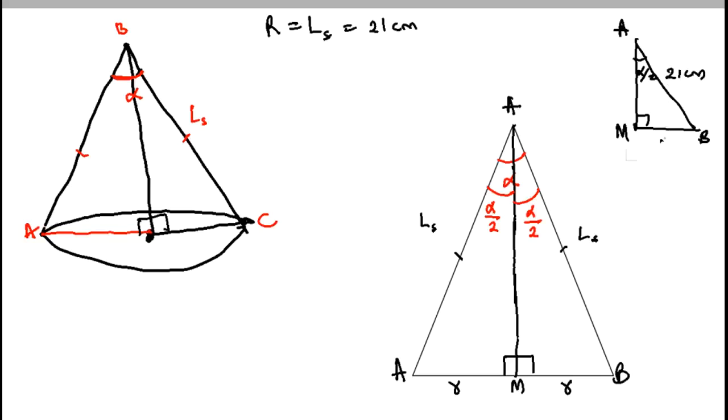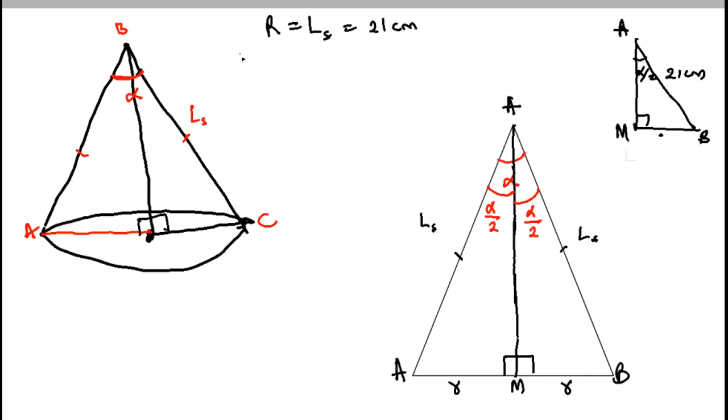If I know this radius, MB, it is now easier, because this is my angle here. The angle is facing down, so down becomes my opposite, and where angle 90 is facing is my hypotenuse. So I can easily use SOHCAHTOA. Let's get the radius of this cone.